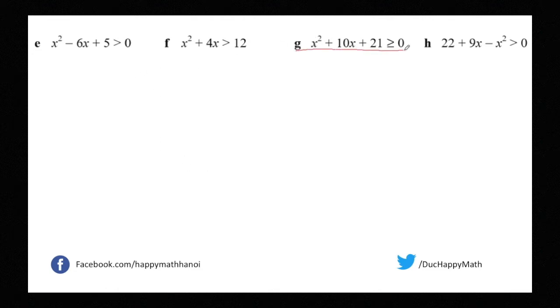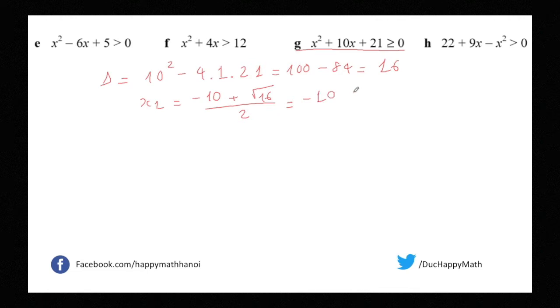In the same way with question J. First, I calculate the delta, 10 squared minus 4ac, and 100 minus this one is 84, equal to 16. h1 is minus 10 plus the square root of 16, divided by 2, minus 10 plus 4 divided by 2.